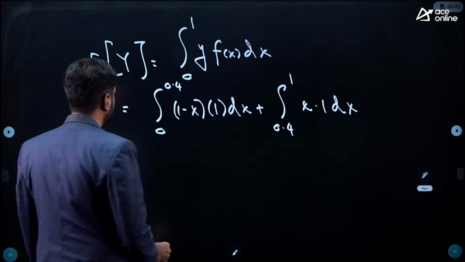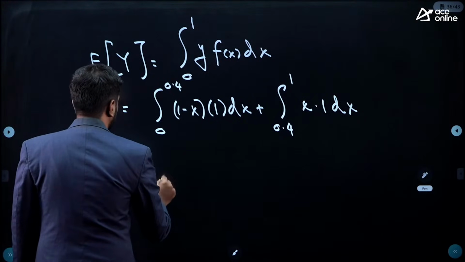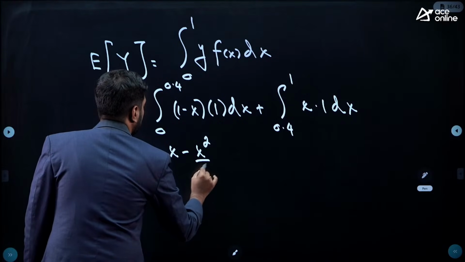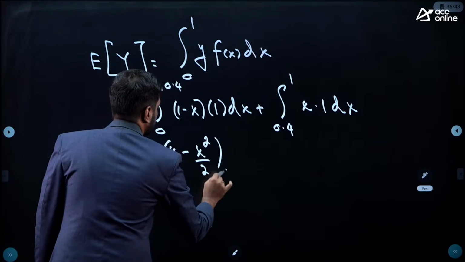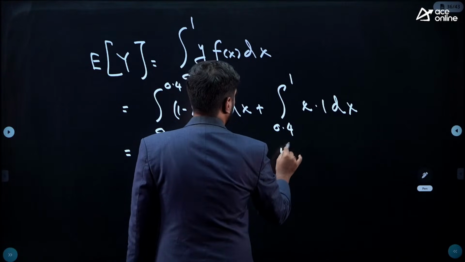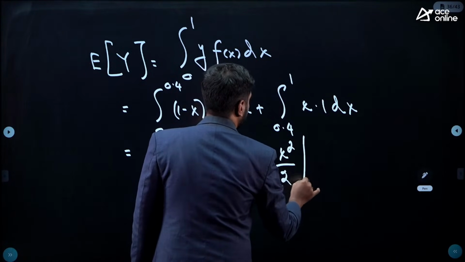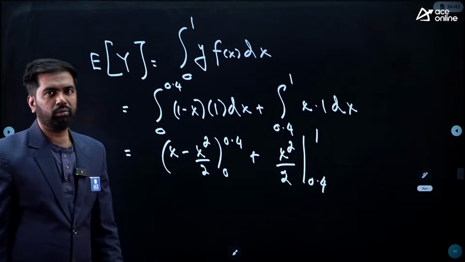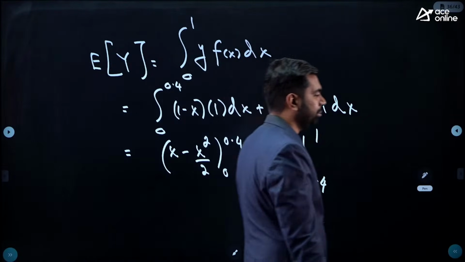Can I expect some answers here? So I'll do some calculation. So here it is x minus x square by 2, and the limits are 0 to 0.4. And here it is x square by 2, the limits are 0.4 to 1. Can you use the virtual calculator? Can you simplify, get me a decimal value for this?